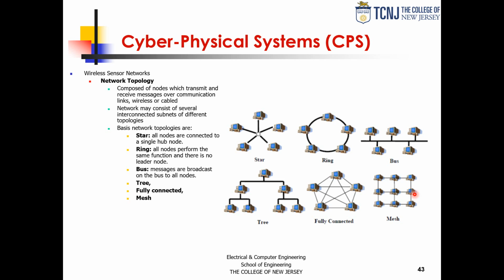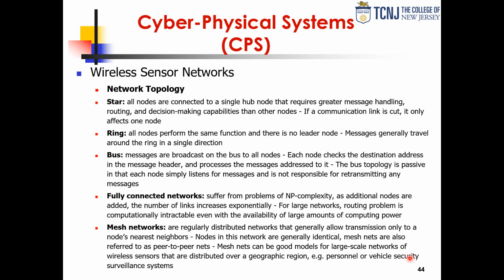So you have this additional path, so that if you lose any one of these entities, there is still a path to go from any of the other ones to any other node. So these are six well-known network topologies. And this is just what I just talked about.